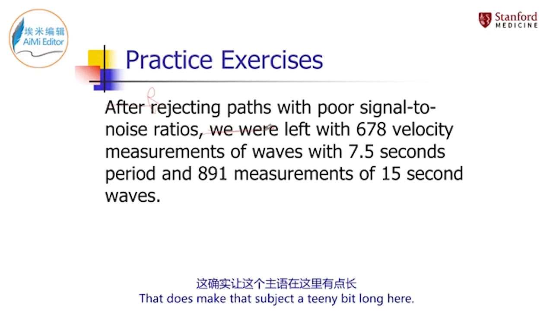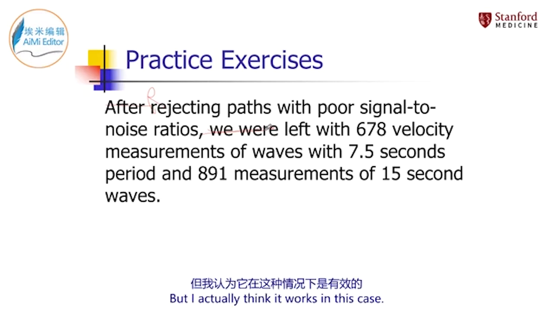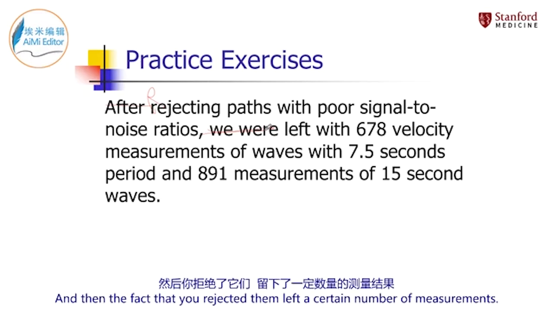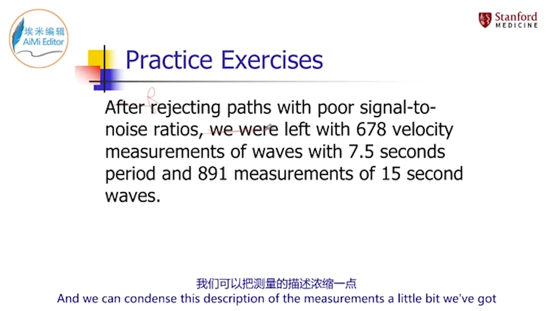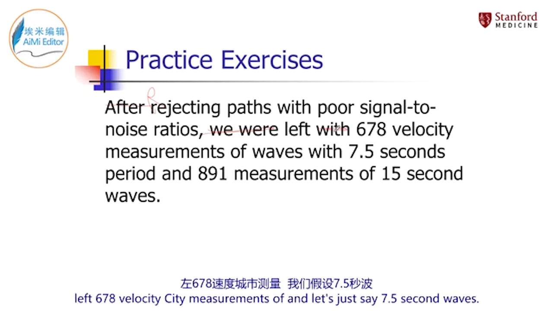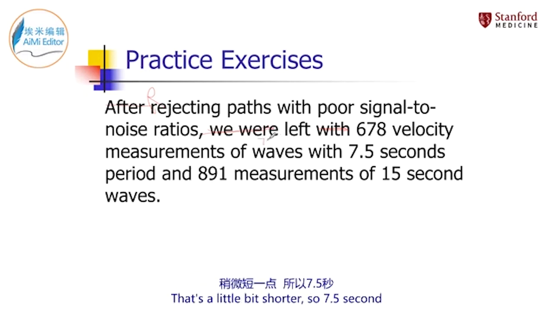That does make that subject a teeny bit long here, but I actually think it works in this case. And then the fact that you rejected them left a certain number of measurements. And we can condense this description of the measurements a little bit. We've got some repetition here. So "left 678 velocity measurements of," and let's just say "7.5-second waves."